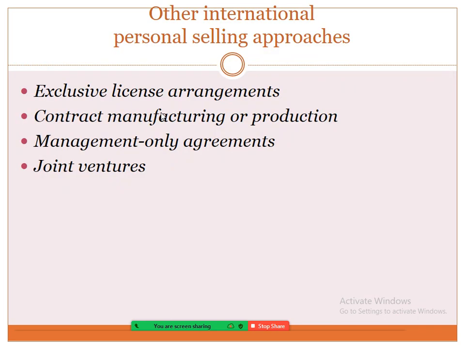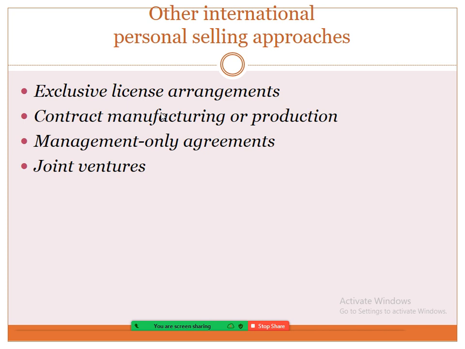Then next is other international personal selling approaches. Other international personal selling approaches that fall somewhere between sales agents and full-time employee teams include, first, the exclusive license arrangement, in which a firm will pay commissions to an in-country company's sales force to conduct the personal selling on its behalf.